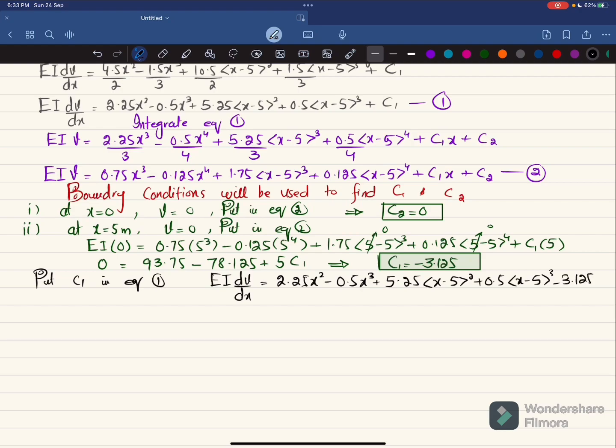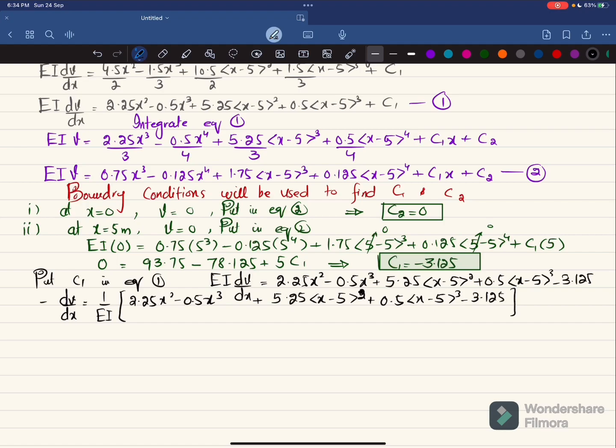And if you divide EI on both sides, you will get dV over dx will be equal to 1 over EI times 2.25 x square minus 0.5 x cube plus 5.25 into x minus 5 square plus 0.5 into x minus 5 whole cube minus 3.125.